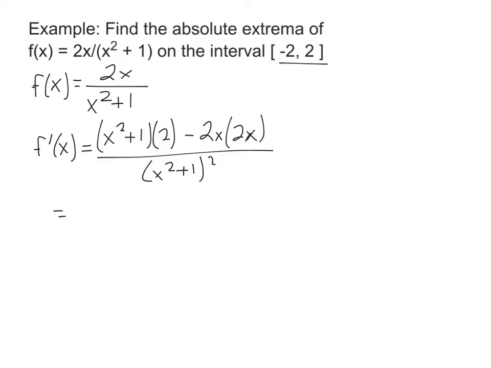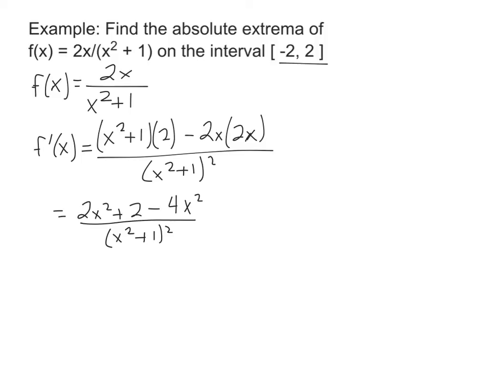If I simplify that on the top, looks like I'm going to get 2x squared plus 2, distributing that, minus 4x squared all over this quantity here, x squared plus 1 quantity squared.